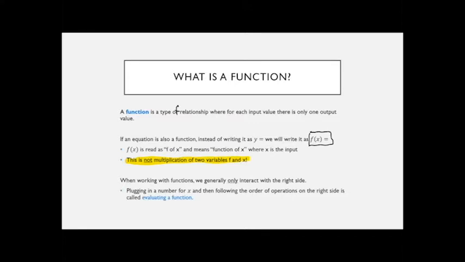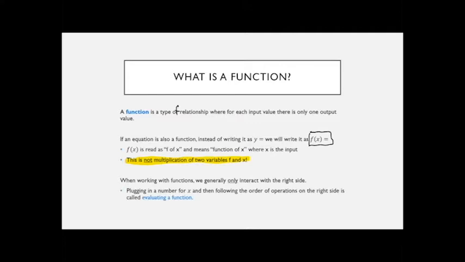So when we're working with functions, we have equations that are functions. You plug in a number for x. So you'll plug in something, instead of x on the left, it'll be like 5 or something. And then you plug that same number on the right side, everywhere you see x, you plug in that number 5. But then anything you do after that, you only do on the right side.